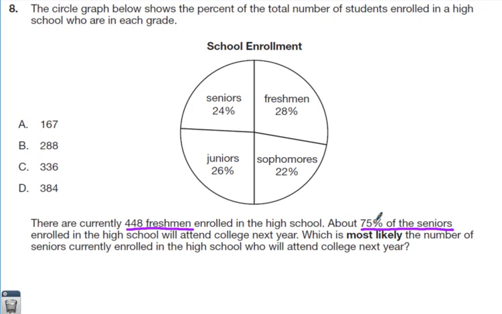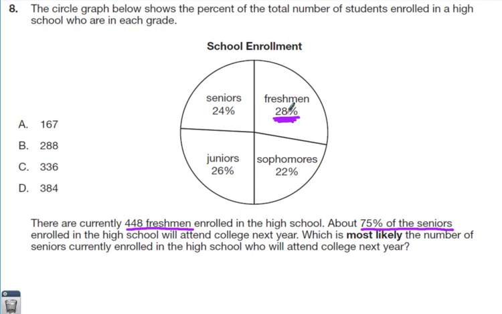Hopefully you're able to wrap your brain around this. 28% of the school is freshmen, so this 448 represents 28% of the entire population. The first thing we need to do is figure out the entire population.